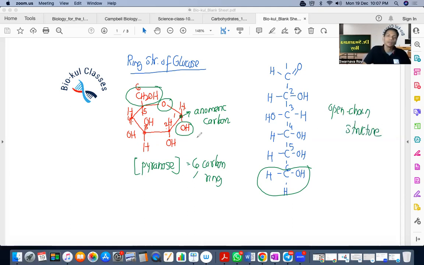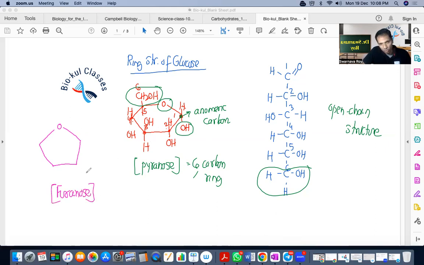Okay. Now, if you look at fructose, fructose has this. This is how the fructose ring structure looks. This is called the furanose structure.